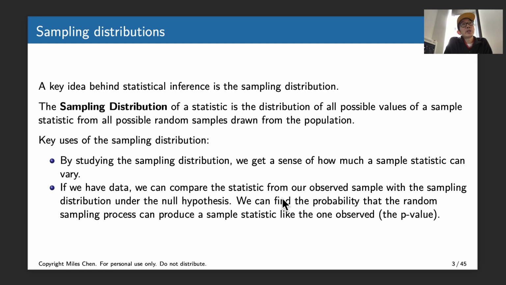A lot of times we used the central limit theorem to figure out our sampling distribution. So the central limit theorem says it's going to follow a normal distribution with this mean and the standard error. On Monday, we created our sampling distribution with the randomization test. We shuffled our values, okay?